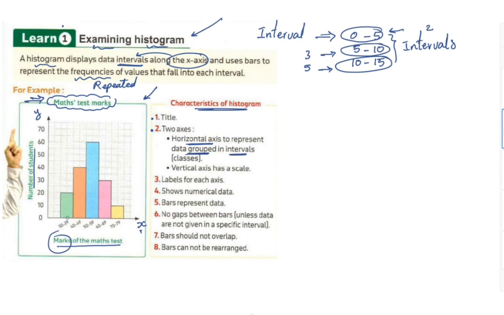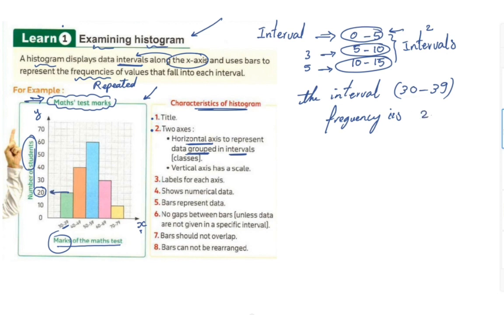The frequency of the first interval here is 20. 20 what? 20 students. That means in the interval from 30 to 39, the frequency is 20 students. That means between 30 and 39 we have 20 students with these marks.